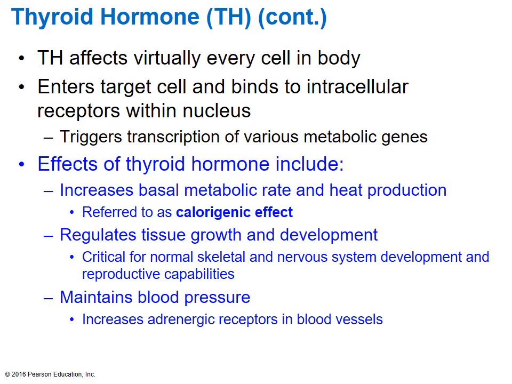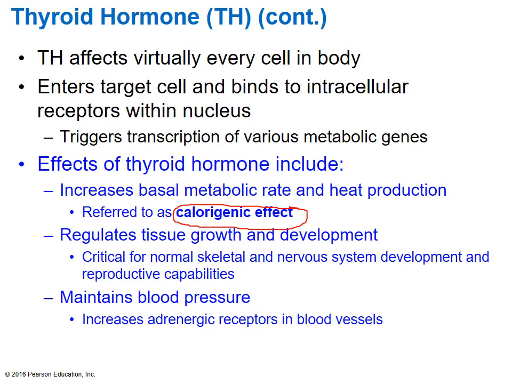When it comes to the actual mechanism of the thyroid hormone, we know that it's essential for every single cell in the body, and part of that has to do with the fact that it has what we call a calorigenic effect. So it's going to help us burn the calories that we're consuming, because your thyroid hormone can heighten our metabolic rate, and as a side product of doing that, it also increases our heat production. So it's very important for regulation of our body temperature.